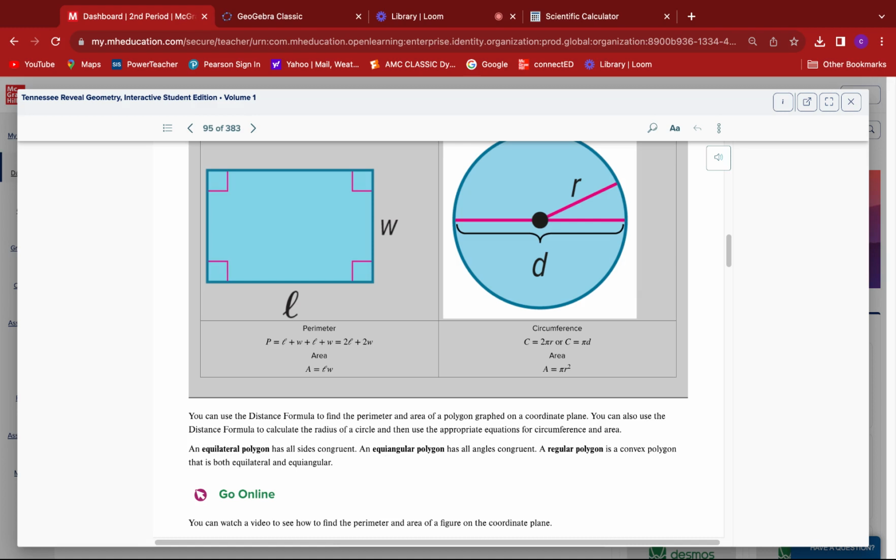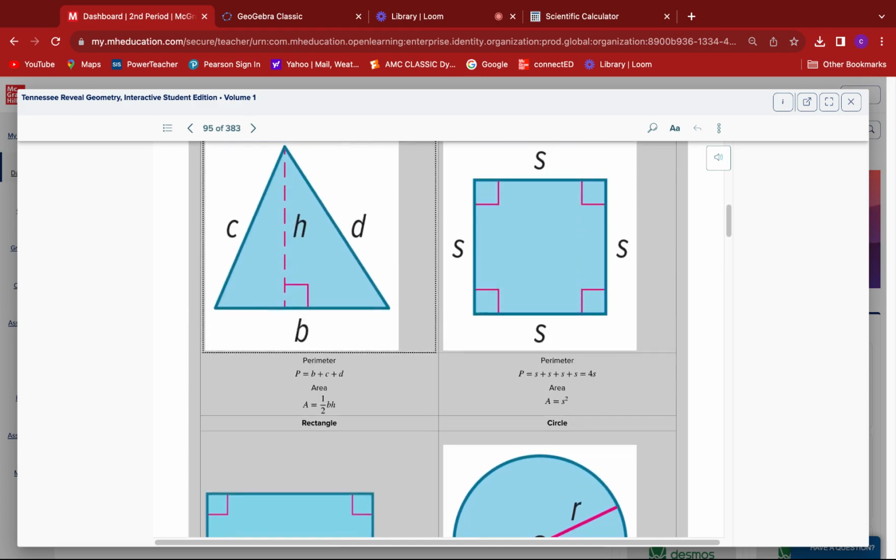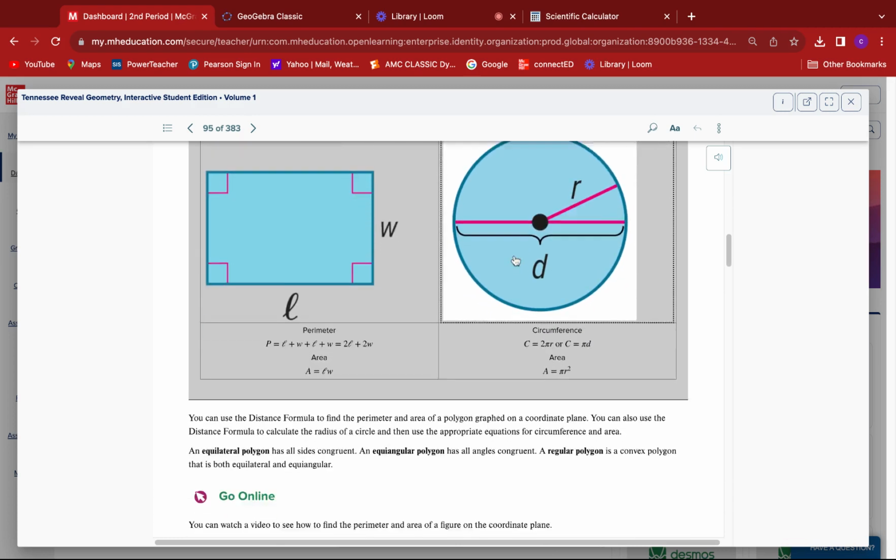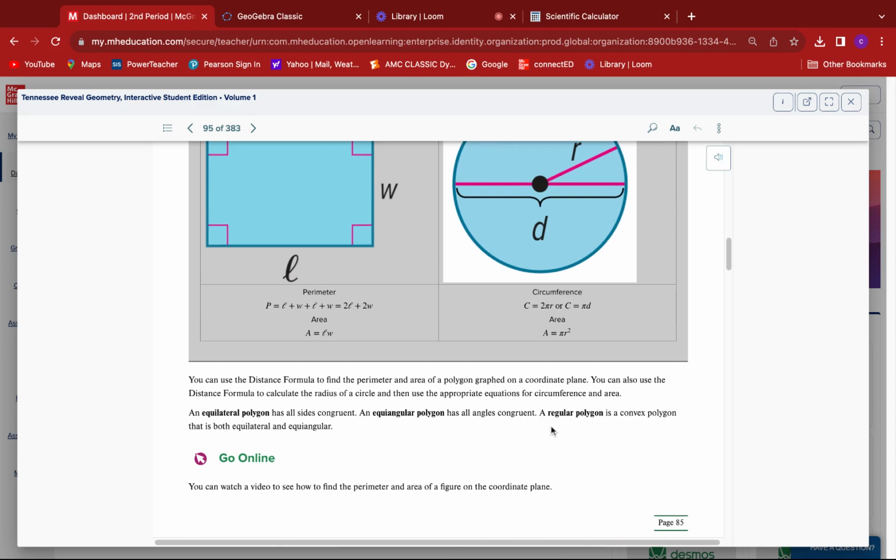You would have all four angles are the same. For instance, this rectangle right here, all four angles are 90. So this is equiangular, but not equilateral. This square is both equilateral and equiangular, which means it is what we call a regular polygon, because regular polygons are both equilateral and equiangular, but they also have to be convex.